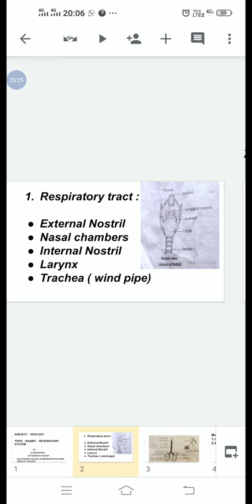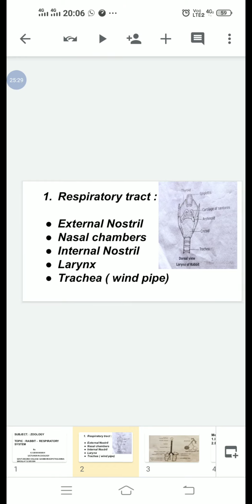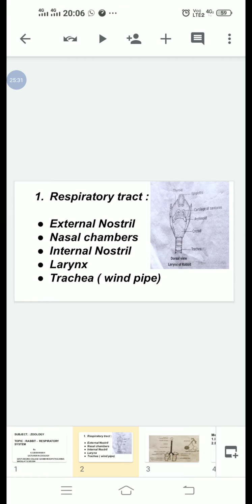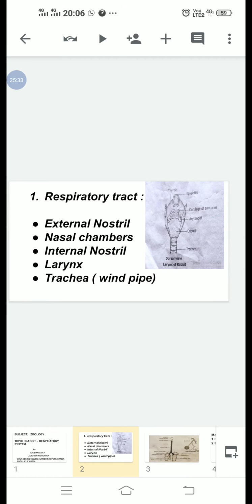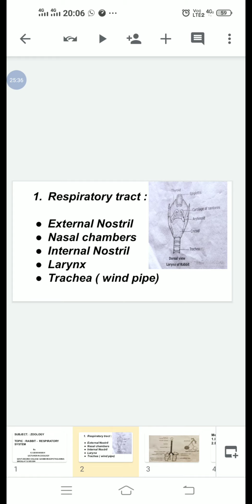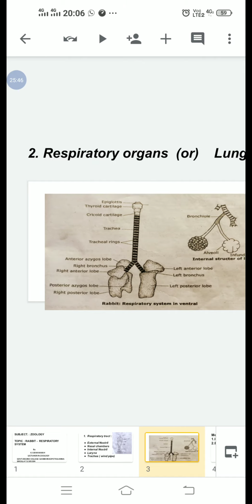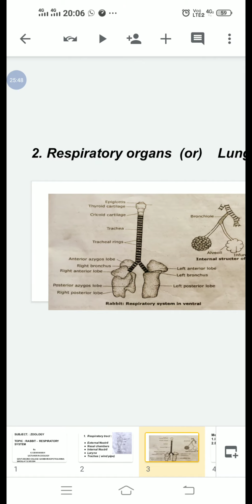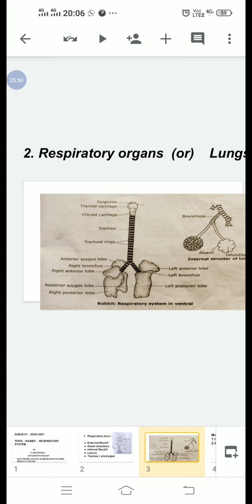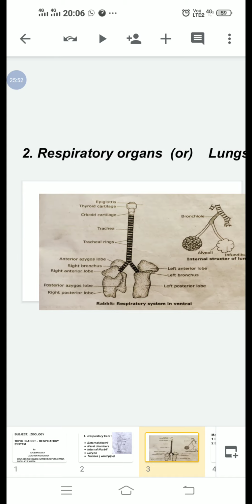Trachea, or windpipe. The trachea is a wide, thin-walled tube that passes through the neck. Next, the respiratory organs. In the rabbit, a pair of pinkish, spongy lungs is present in the thoracic cavity, on either side of the heart.